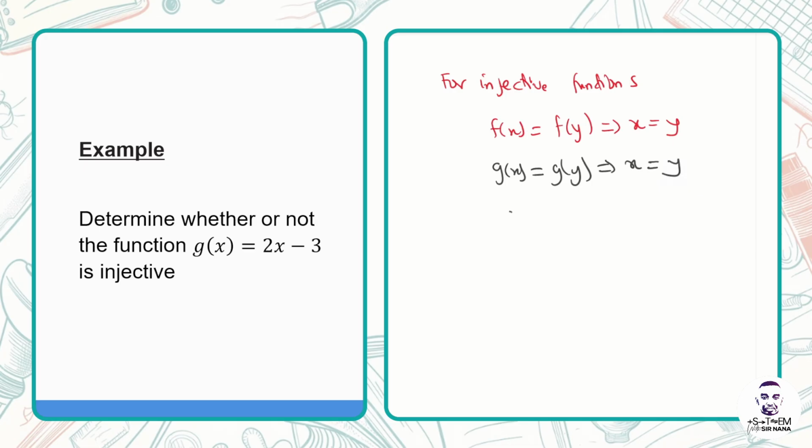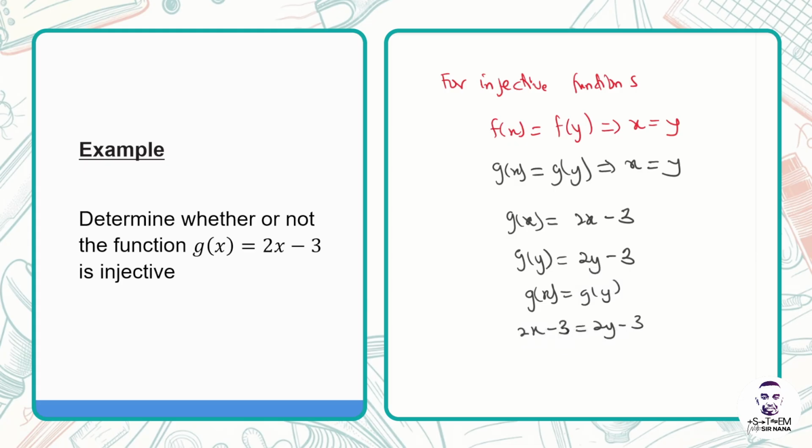So that we can have our g of x, which is equal to 2x minus 3, right? So it means that for our g of y, we are going to substitute y in place of x. So that becomes 2y minus 3. And then since we say g of x is equal to g of y, we will have 2x minus 3 equal to 2y minus 3. Right, so that implies that we will have 2x equal to 2y minus 3 plus 3.